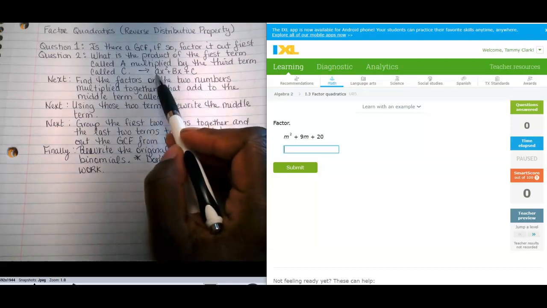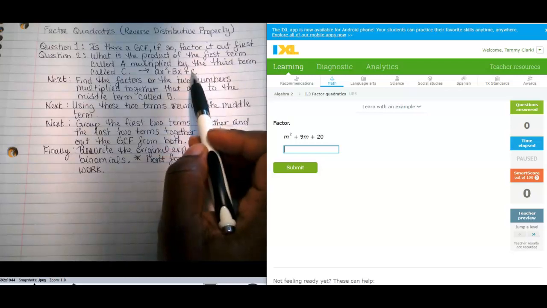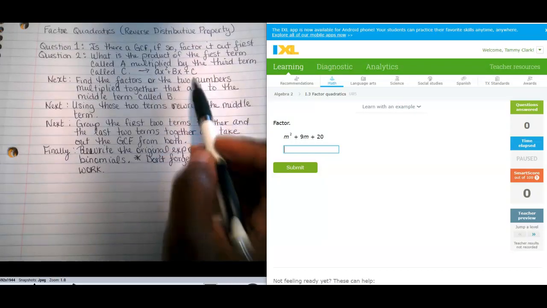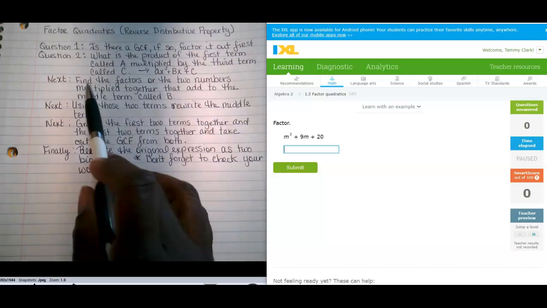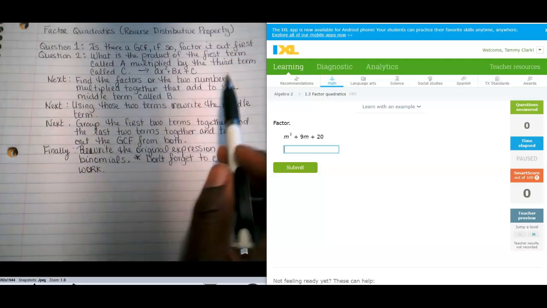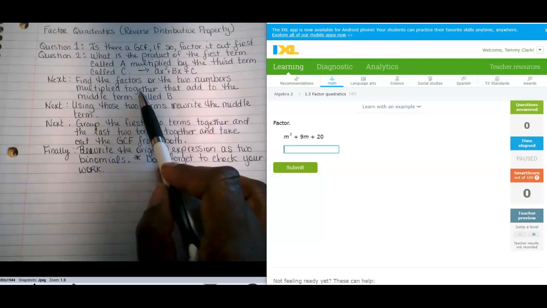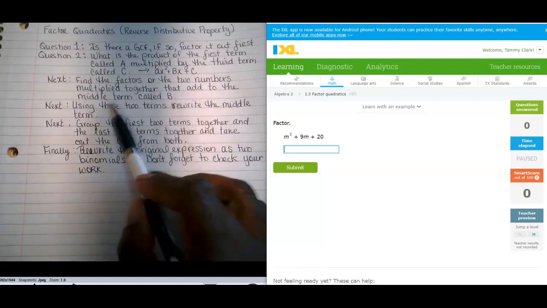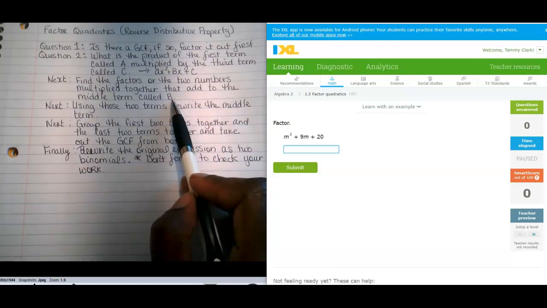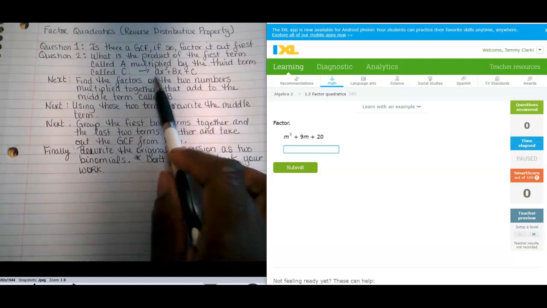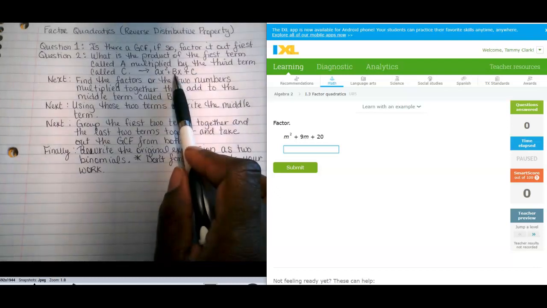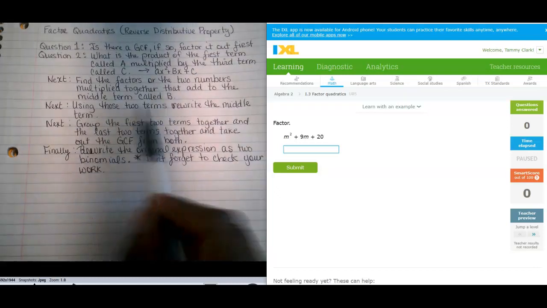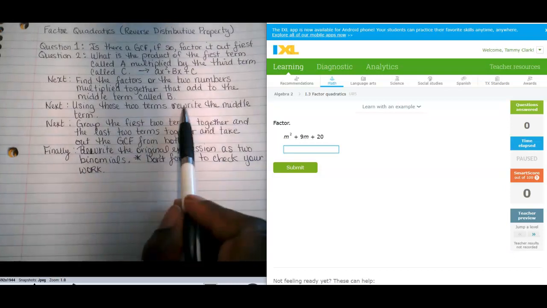So you would take the number that's considered the a term and the number that's considered the c term and multiply them together. Then you would find the factors, or the two numbers multiplied together, that add to the middle term called b. So a times c needs to add to b. Using those two factors, rewrite the middle term.